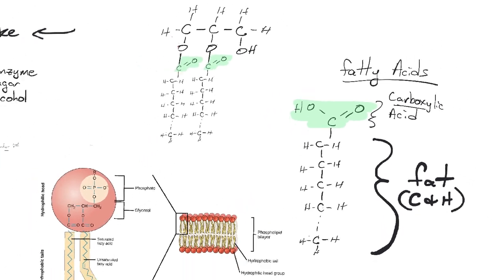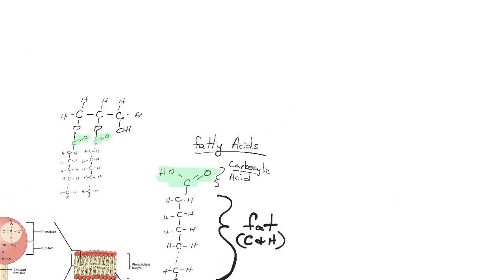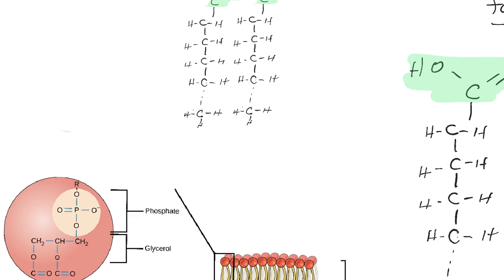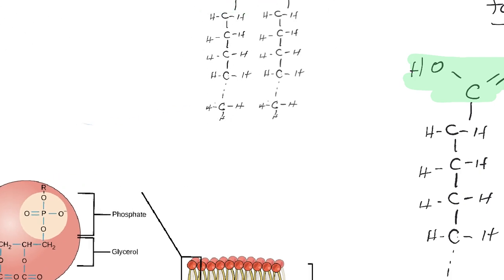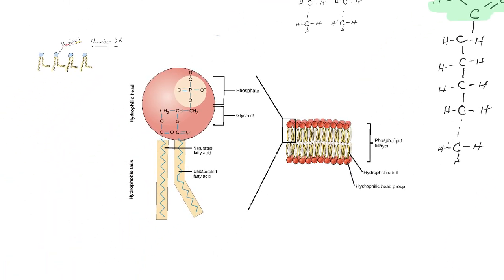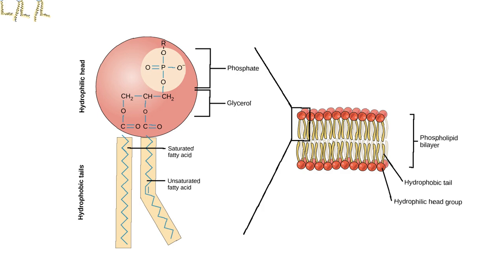Now, if we added a phosphate group, interesting thing about phosphates, let's take a look at it again, just to remind you. Remember, we've been dealing with phosphates for a while now, haven't we? This is phosphate. Here's phosphorus, double bonded oxygen.